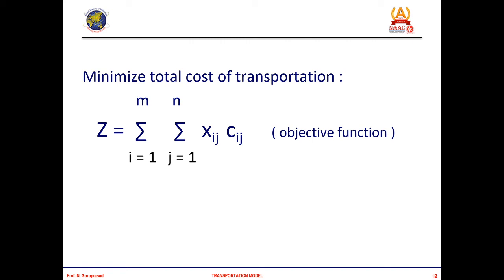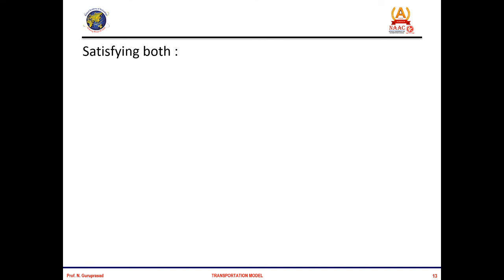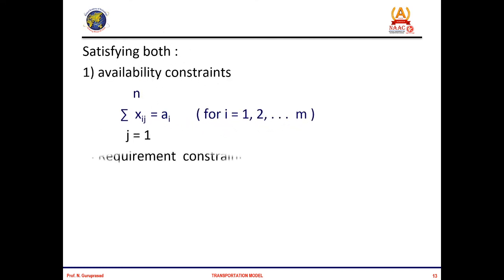So this is the objective function. But of course, the minimization should satisfy two important constraints, and they are called the availability constraint, and the other one is called the requirement constraint, right? That is why we say total supply should be equal to total demand.